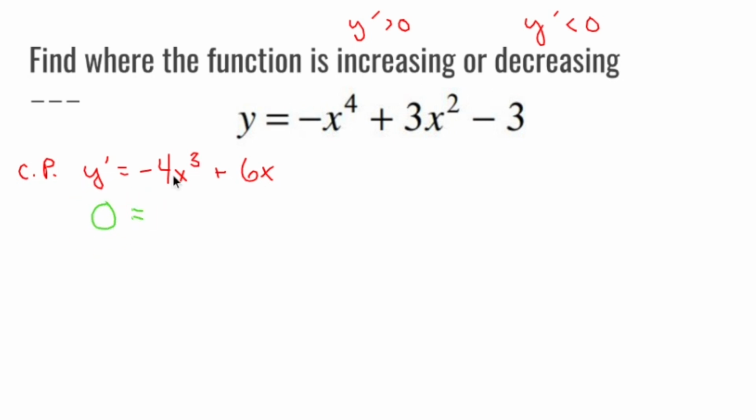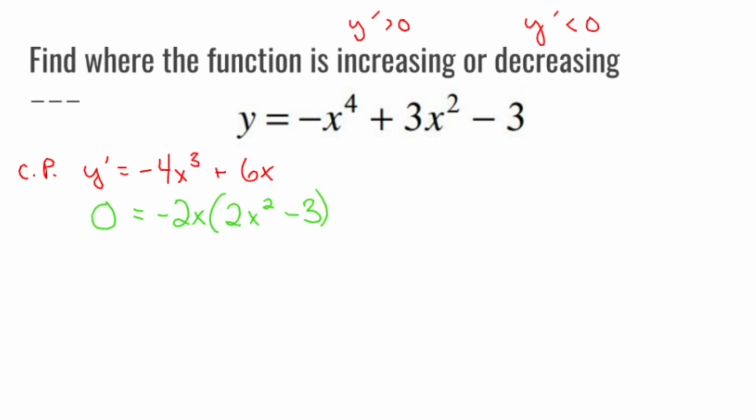While I'm at it, I'm going to factor negative 2x out, because 2 is divisible by these guys, the negative because I don't like my leading coefficient being negative, and there's an x in common with both. So when I divide out a negative 2 from negative 4, I get 2. And when I take an x away from x cubed, I get x squared. When I divide a negative 2 from regular 6, I get negative 3, and that's it.